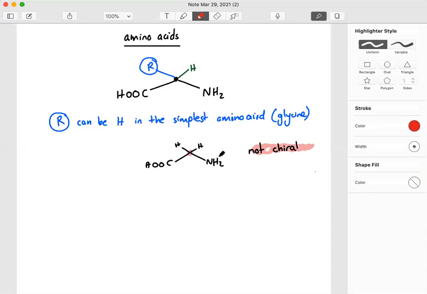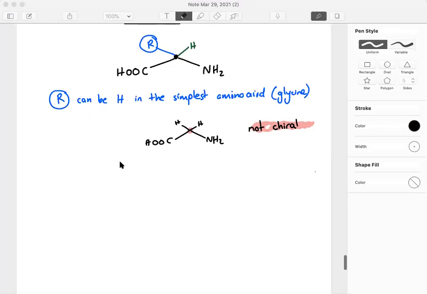Yes, it's the only amino acid with a non-chiral carbon. There's also one in the ring I need to remember. Oh, this one's also chiral. Okay, and it can be anything else. For example, this R group can be methyl، فبيعمل لنا واحد اسمه ألانين.